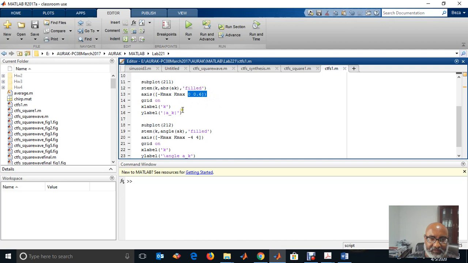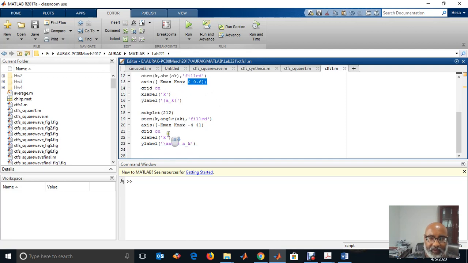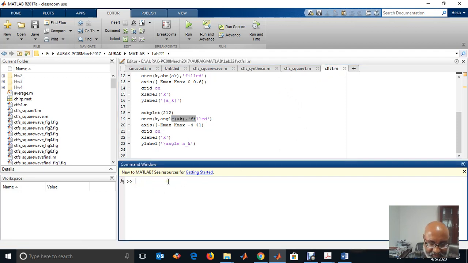Then I give the x label K and the y label the absolute value of AK. In the second row, I plot the phase by calling the angle function. I saved it as CTFS1, which is the script file.